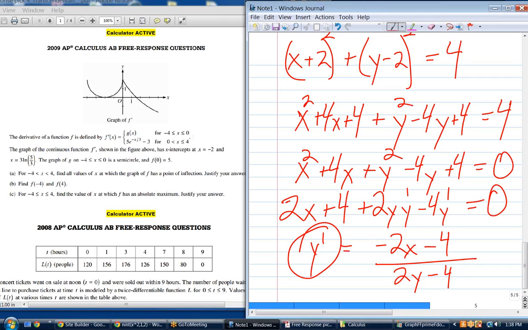So the question is where is that negative? Is it at minus 2? If I plug in minus 2 for this, do I get a negative answer? Oh man, what do I plug in for y? When I plug in minus 2, I get 0 in the numerator. I do not get a negative answer, regardless of what y is.